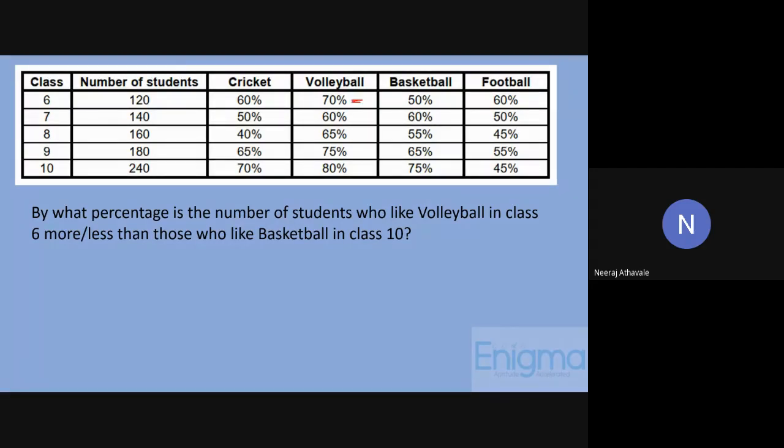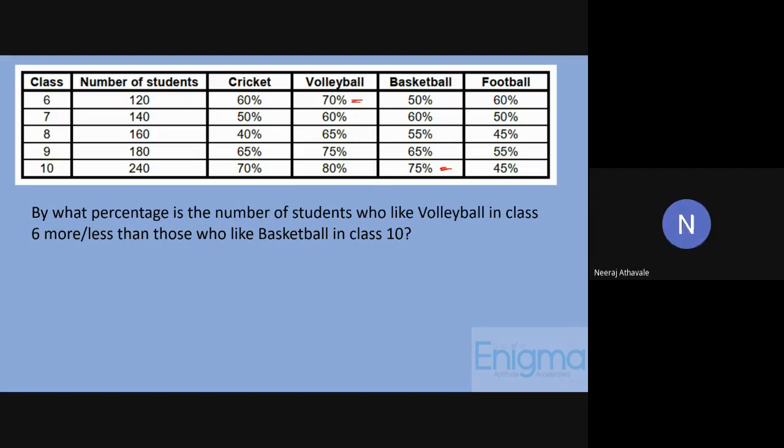Okay, so volleyball in class 6 and basketball in class 10. The answer is 160 by 3. Let's see what others are getting.